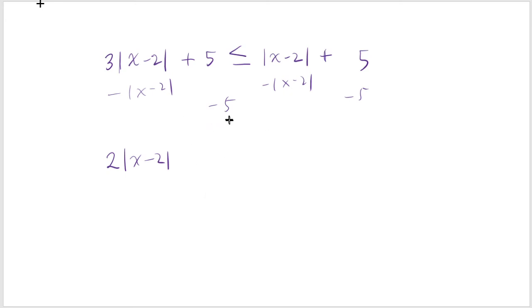Okay. All right. So in this case, we have absolute value of x minus 2, and 5 minus 5 is the only thing on the right side, which is 0. Right? And then divide by 2, and you have the following identity.